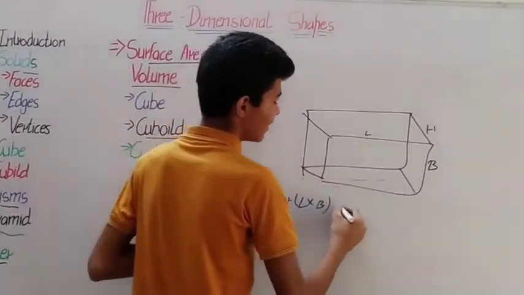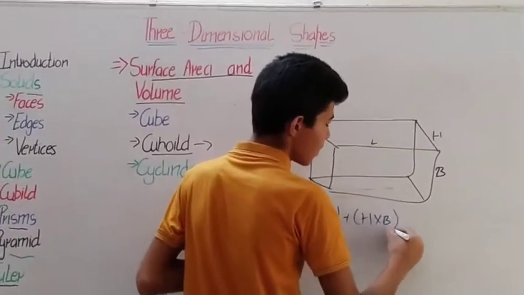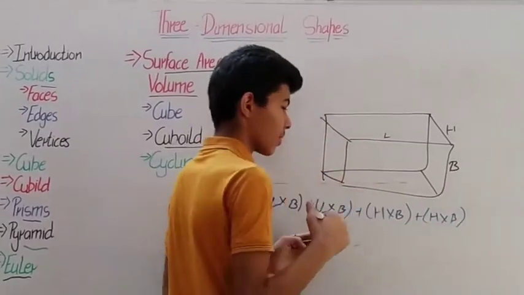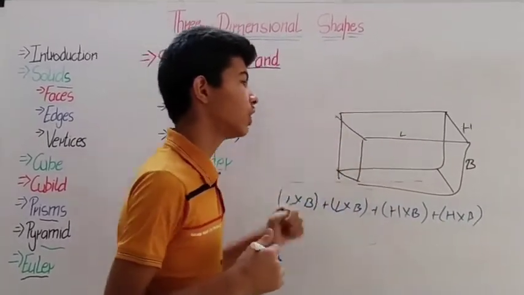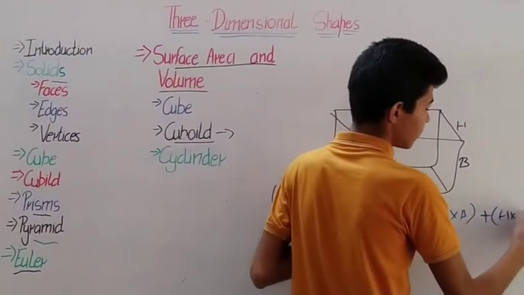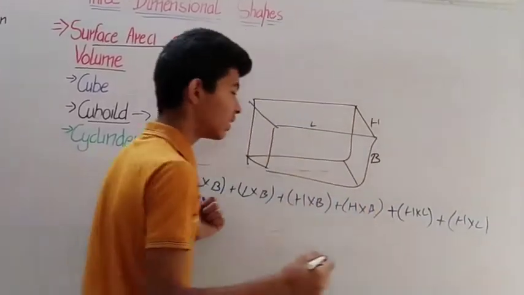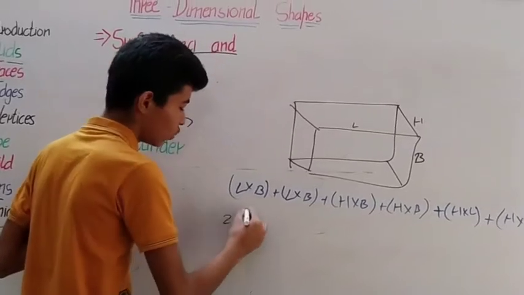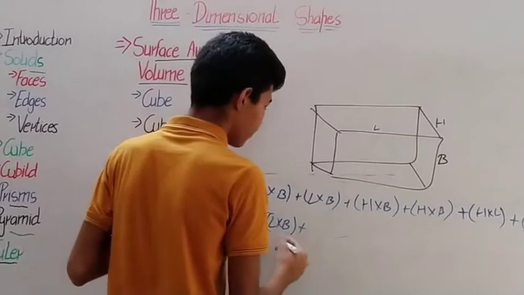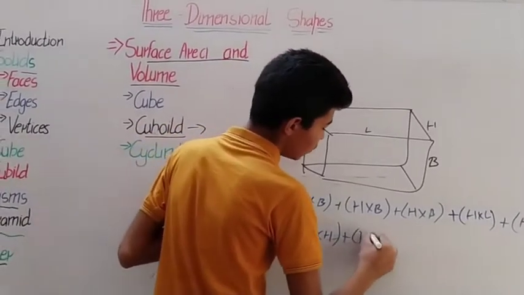For the sidewards faces, we have H into B plus H into B, and for the top, H into L plus H into L. All the terms repeat twice, so we can write it as 2 times bracket L into B plus B into H plus H into L.